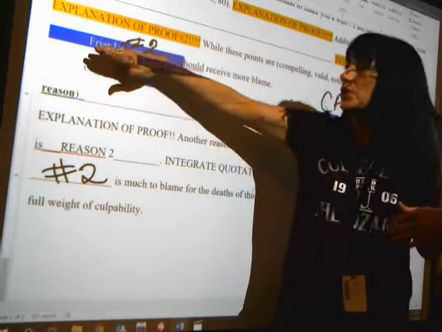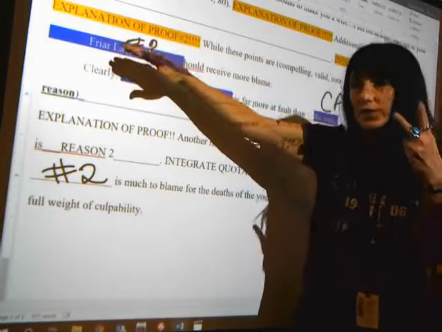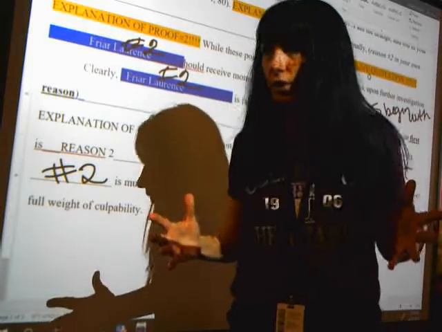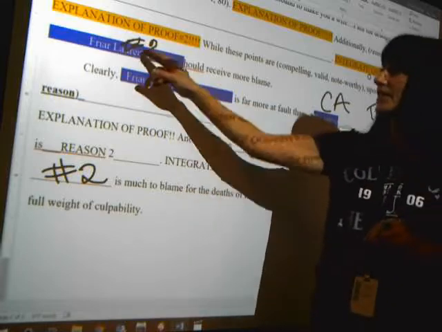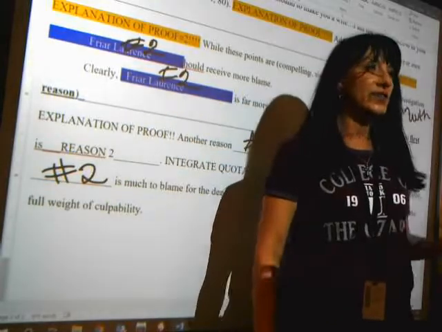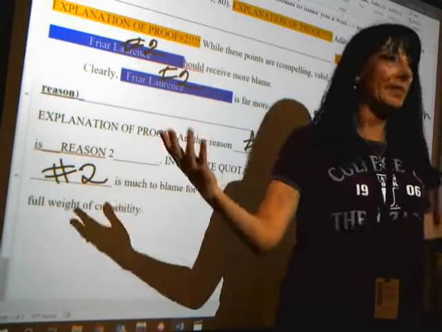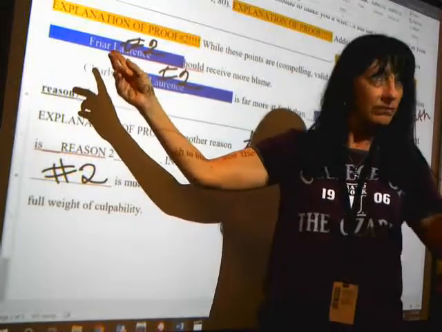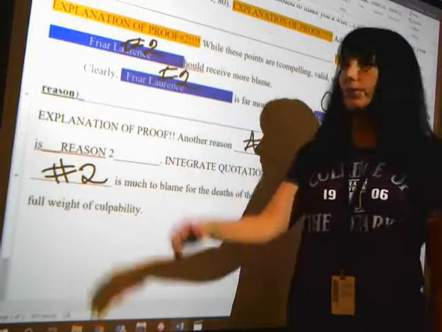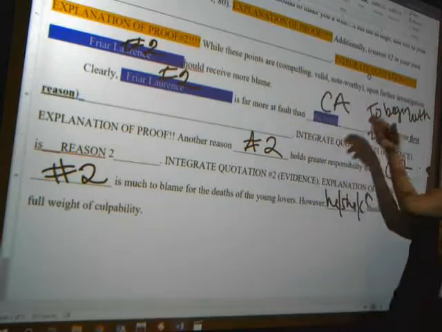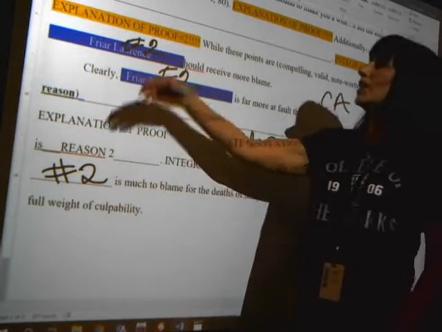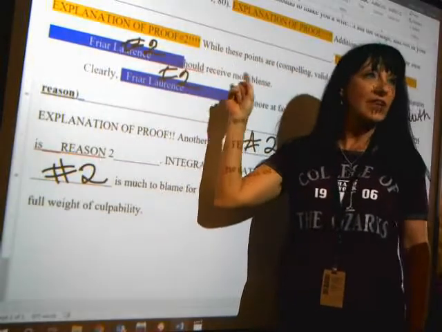You insert your number 2. Whoever you said was the second most responsible, this is where you add that character's name. I'm going to go with Lord Capulet. I know it says Friar Lawrence, but I want to try to be consistent, even if I'm not right here, okay? So, while these points are compelling, upon further investigation, Lord Capulet should receive more blame.